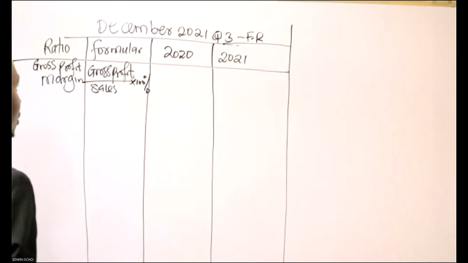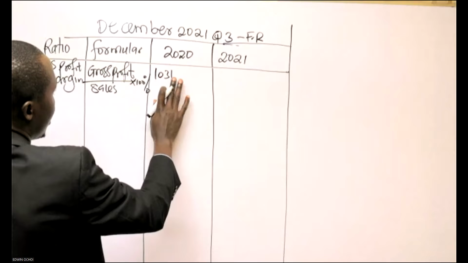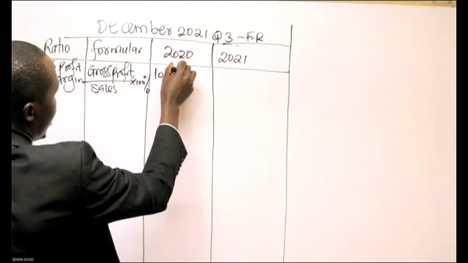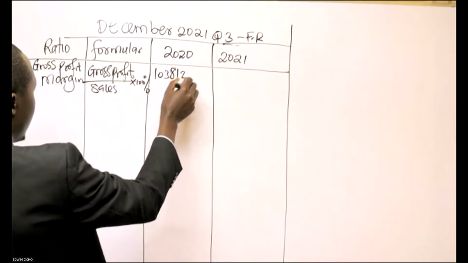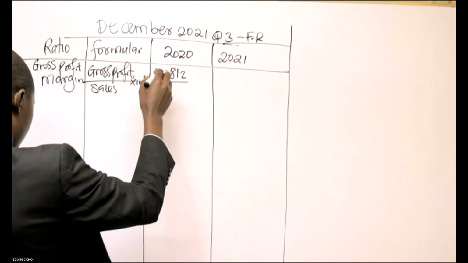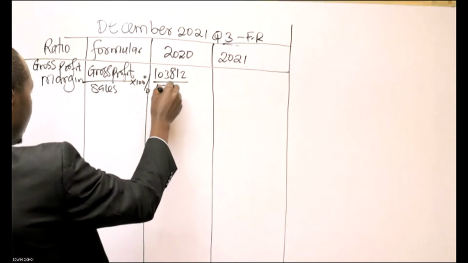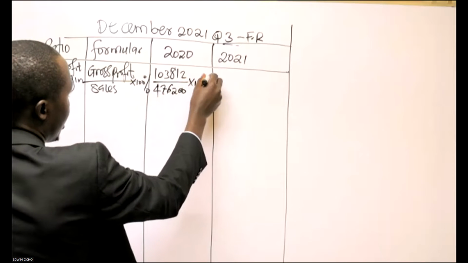The gross profit for 2020 is 103,812 over 476,200 times 100. Give me the answer for this.